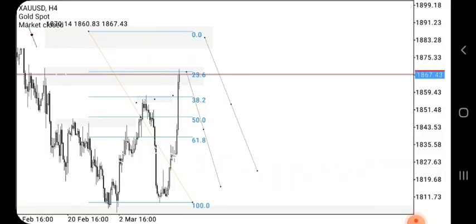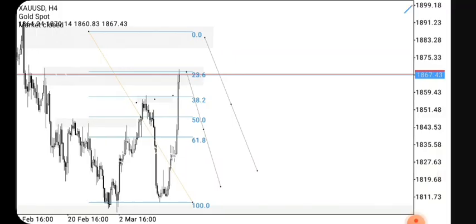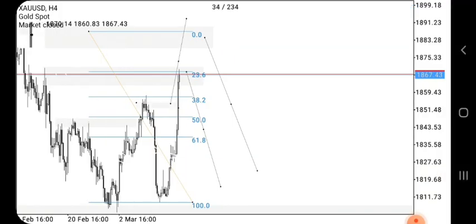So I have two levels where I'm expecting the market to make a pullback. Either the market can come all the way to 23.6 or to the 0.0. So we can expect a pullback on that time frame.